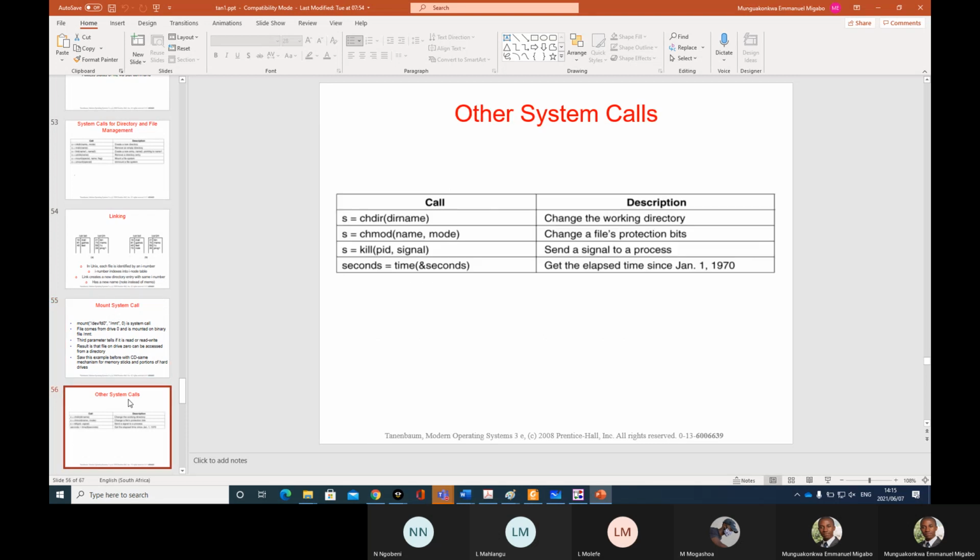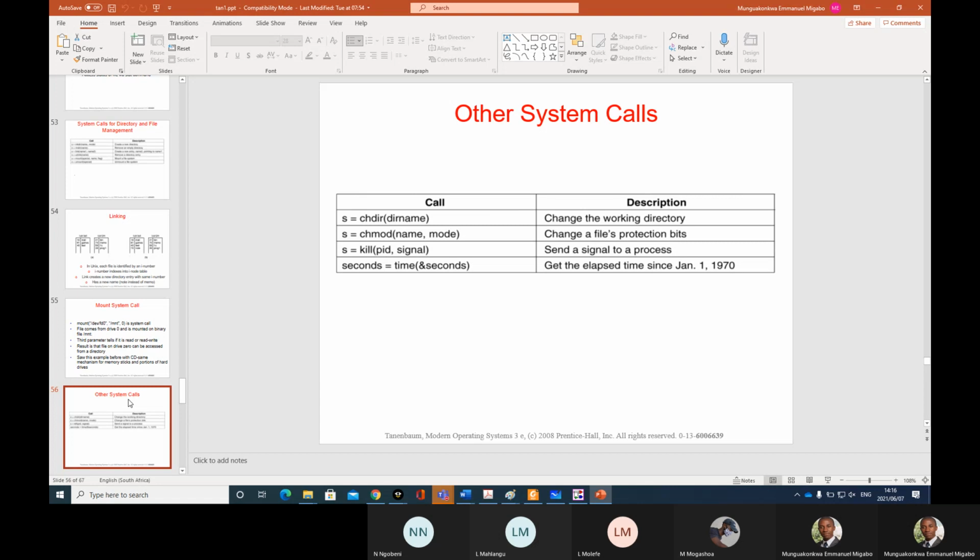Then the fourth category, besides process management system calls, besides file management system calls, besides directory and file management system calls, is the category that we classify as other system calls. And in there, you get things such as change directory, which is very important because you might need to move from one directory to another as you manipulate files, and we'll use this a lot when we do Linux.